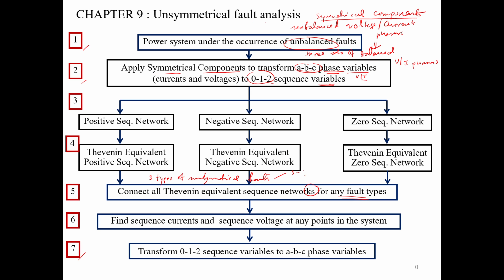Single line to ground, double line to ground, and double line fault, which is line to line fault, or short circuit between any two lines. Soon after you connect these Thevenin equivalent networks, you can find the sequence current and sequence voltage for any point in the power system.